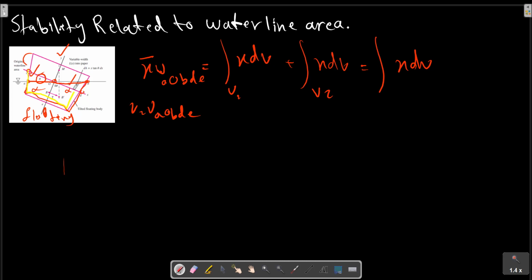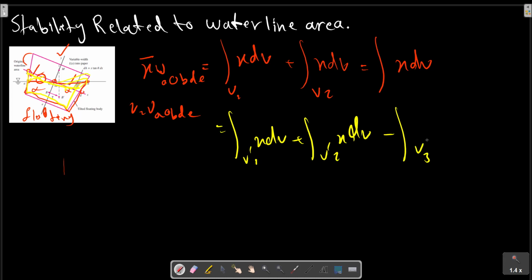We can use this shape plus this shape minus this shape. We can now write V prime 1 x dV plus V prime 2 x dV minus V3 x dV.